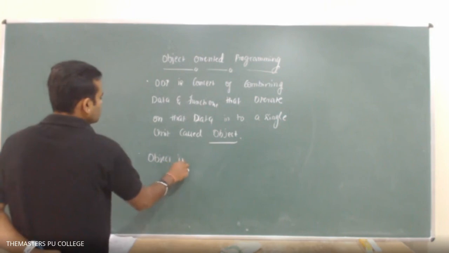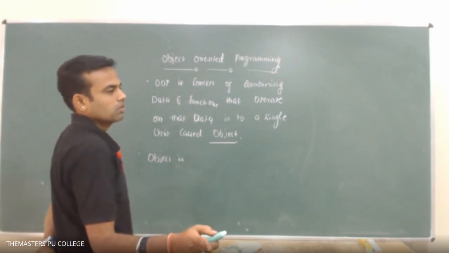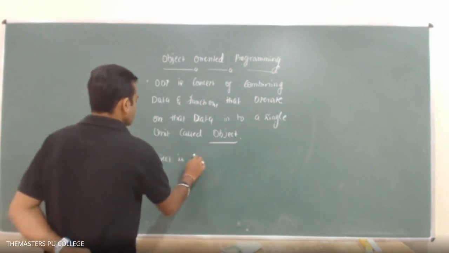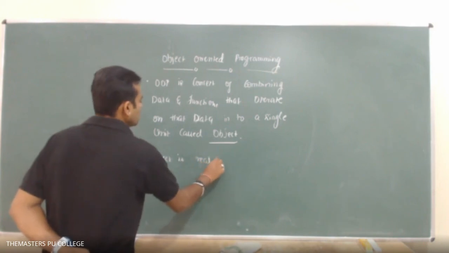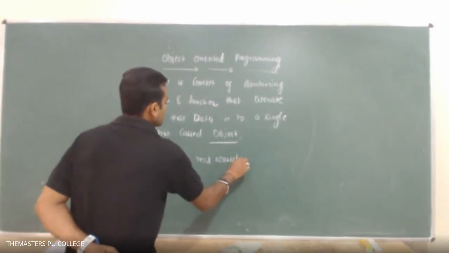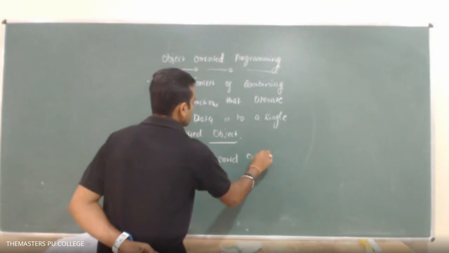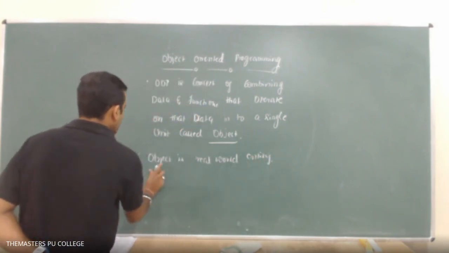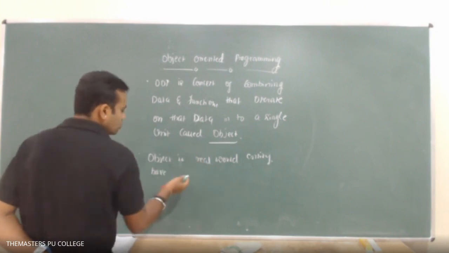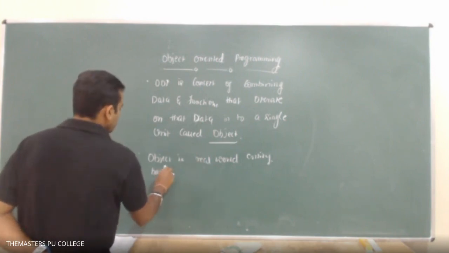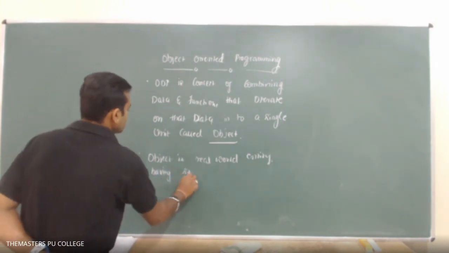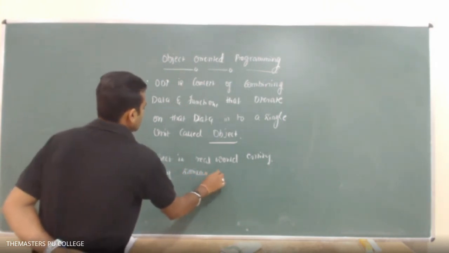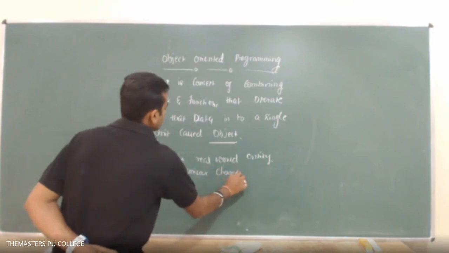What is an object? A real world entity. It is a real world entity having unique features, characteristics and functions. Entities having similar characteristics and functions.